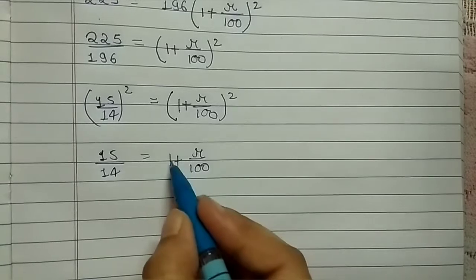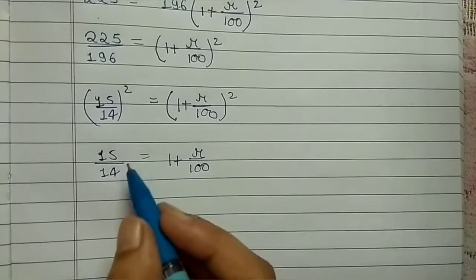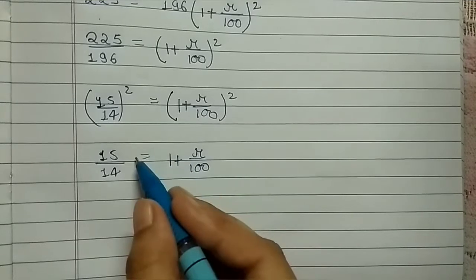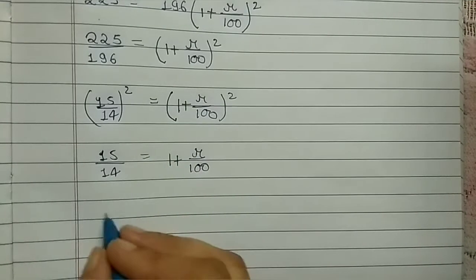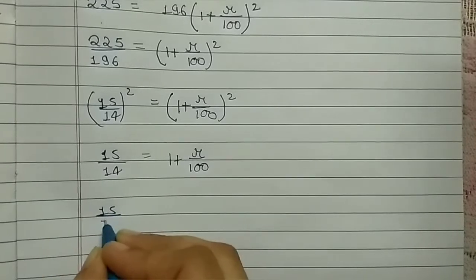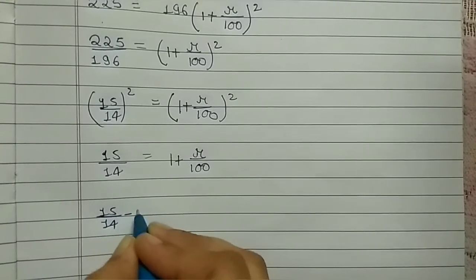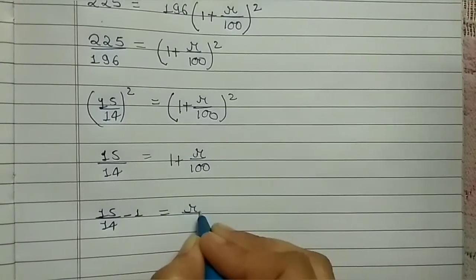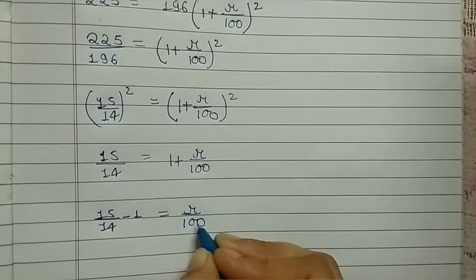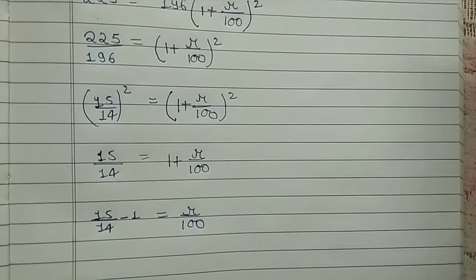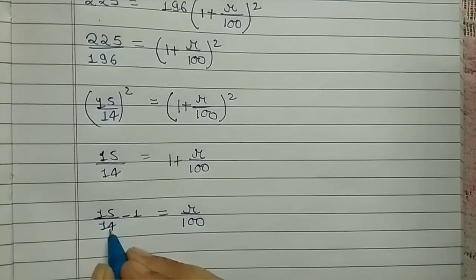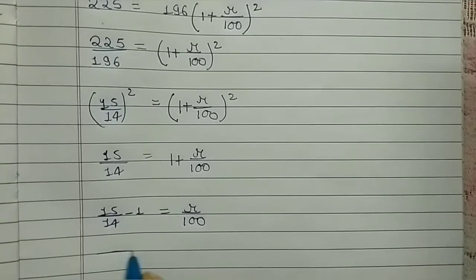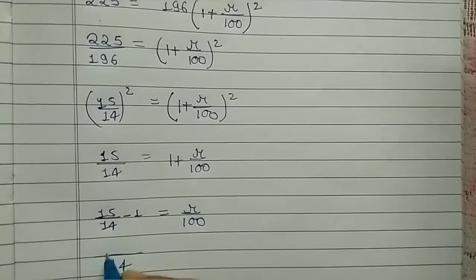Now this one will go here and it will become minus. Here it is plus. When it will go this side, it will become minus. 15 upon 14 minus 1 equal to R upon 100. Now we will take denominator as 14.